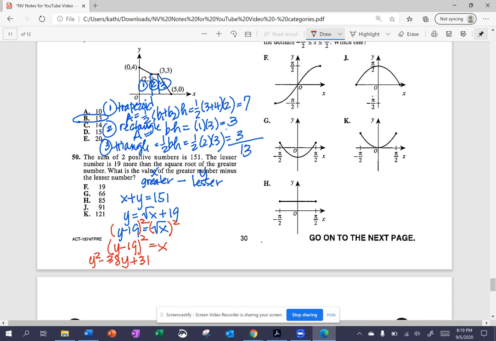Wait a minute, what did I do here? All right, so this is x, so x plus y. Okay, so at this point, here is my x value. So I'm going to take this right now, and I'm going to substitute x into here.